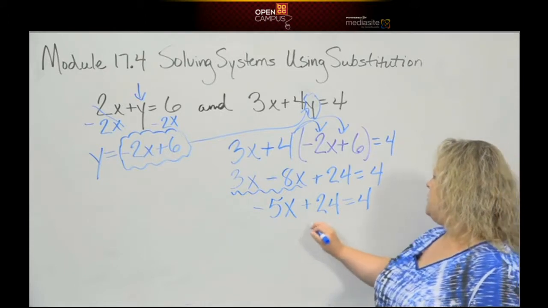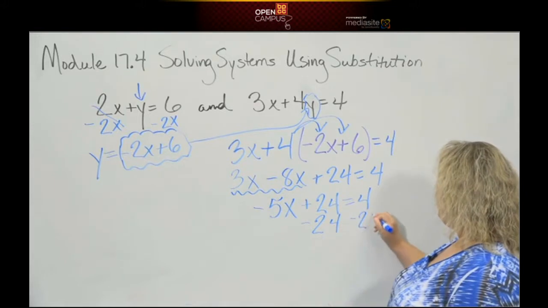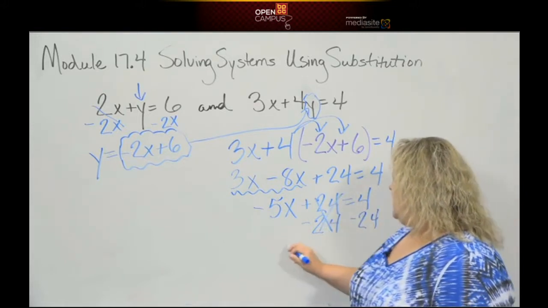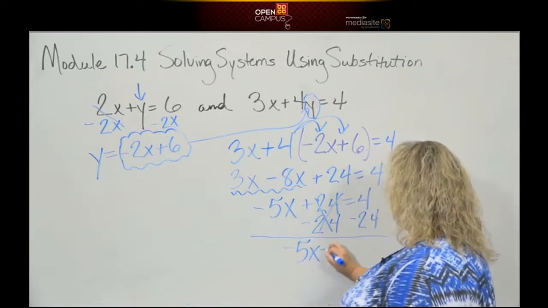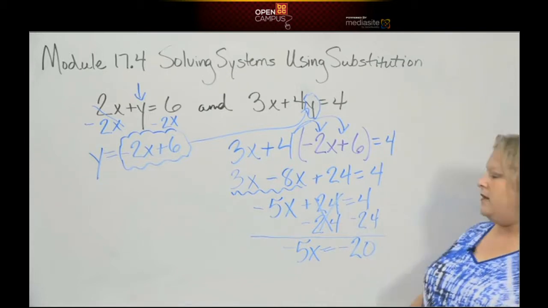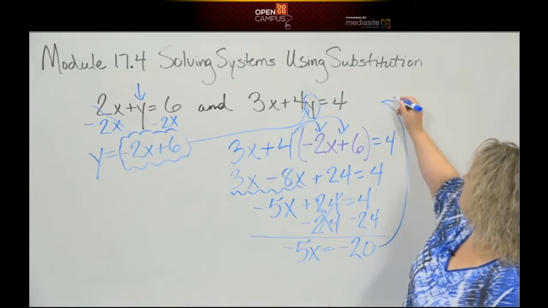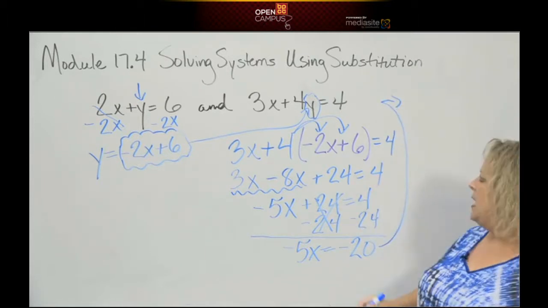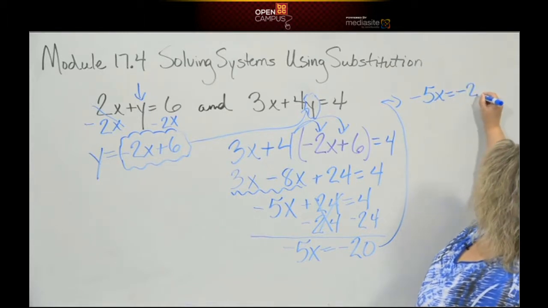Move the 24 over to the other side by doing the opposite, which is subtraction. And that's going to give me negative 5x is equal to negative 20, because the 24 was bigger, so it's negative, okay? Negative 5x is equal to negative 20.